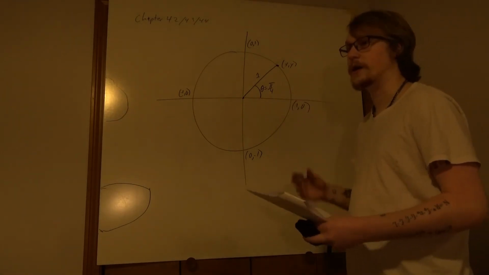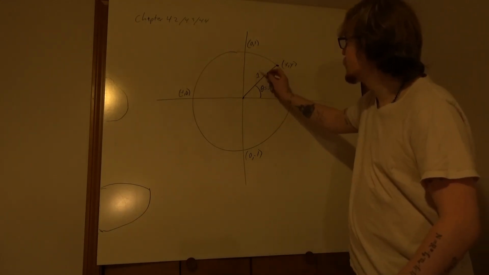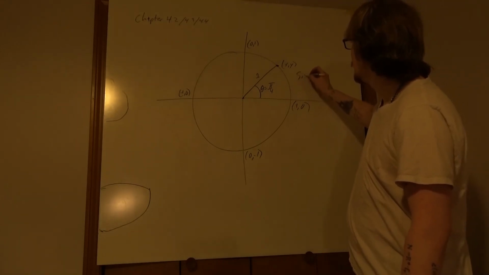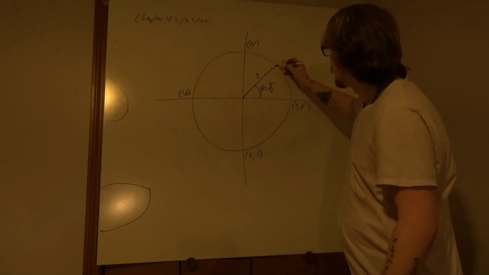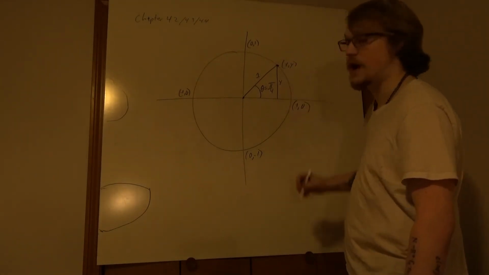And another really, really nice feature about the unit circle is because this is a length of 1, if we say, what is the sine, or, well, first, I think we would all agree that this line is the y value, right?